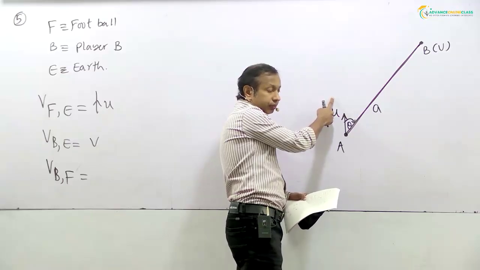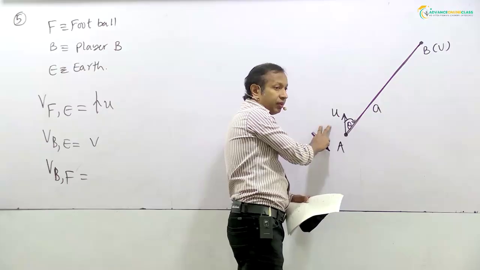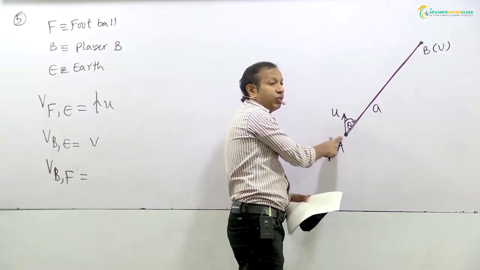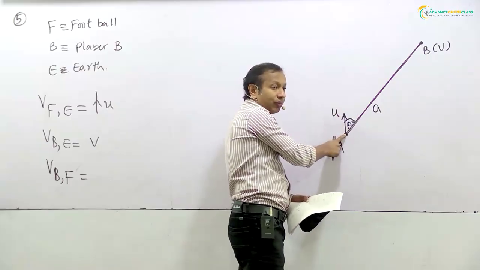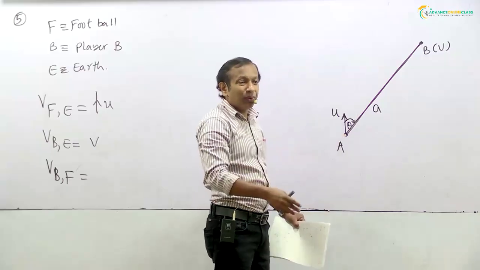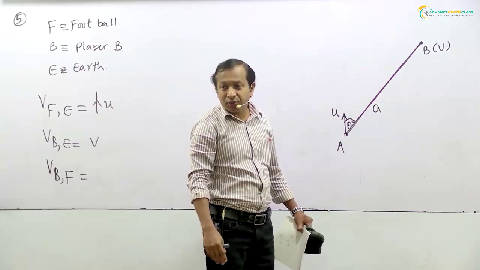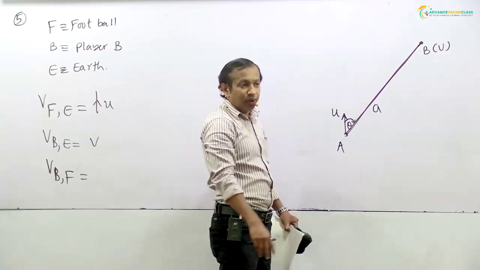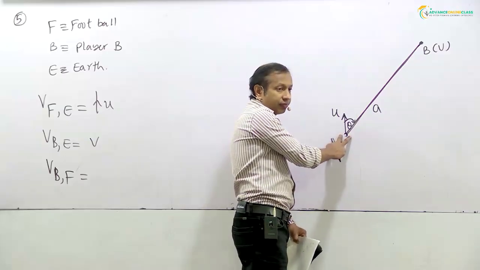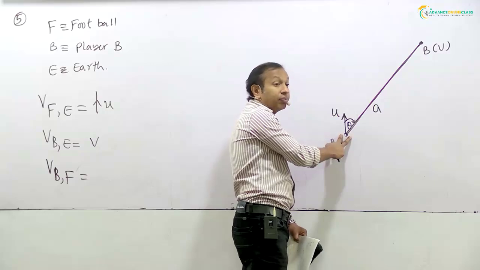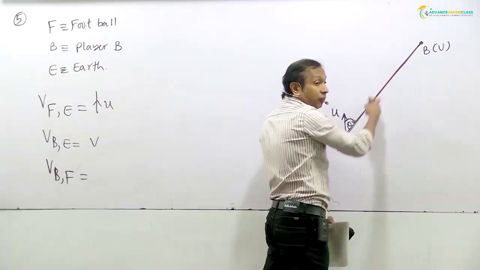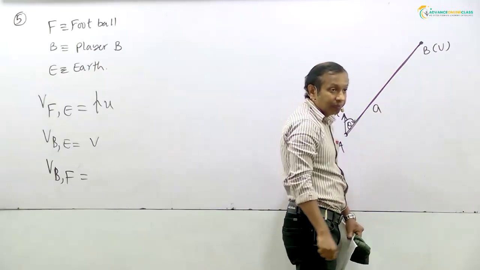Now, the player B is supposed to meet what? The ball, no? In order to kick the ball, player B should come to the ball. If I stop the ball here itself, the player B should come along this line to meet the ball, no?